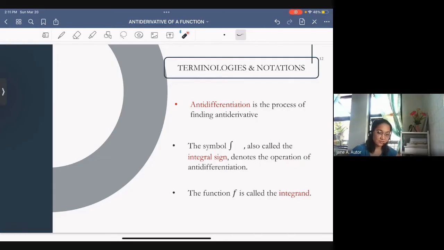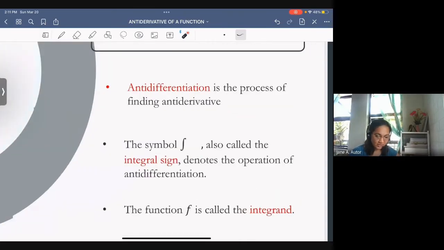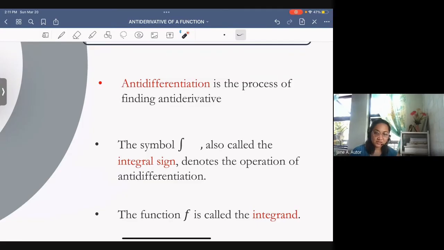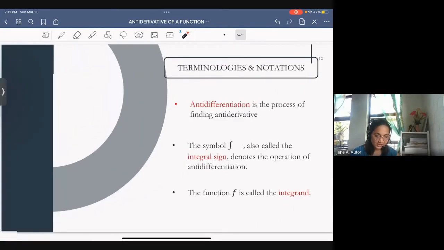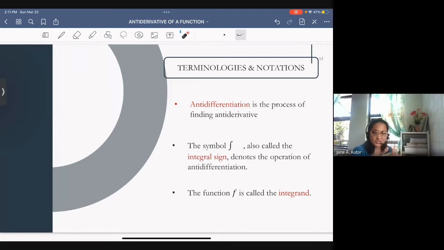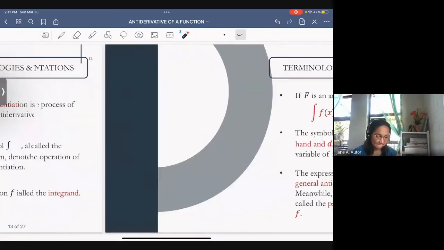So whenever you see a symbol like this, this means we are dealing with antidifferentiation. Then the function f is called the integrand. A while ago, we dealt with the derivative and antiderivative of a function given by cosine x. We had sine x minus 5, sine x plus 100. So our small f is what we call the integrand.